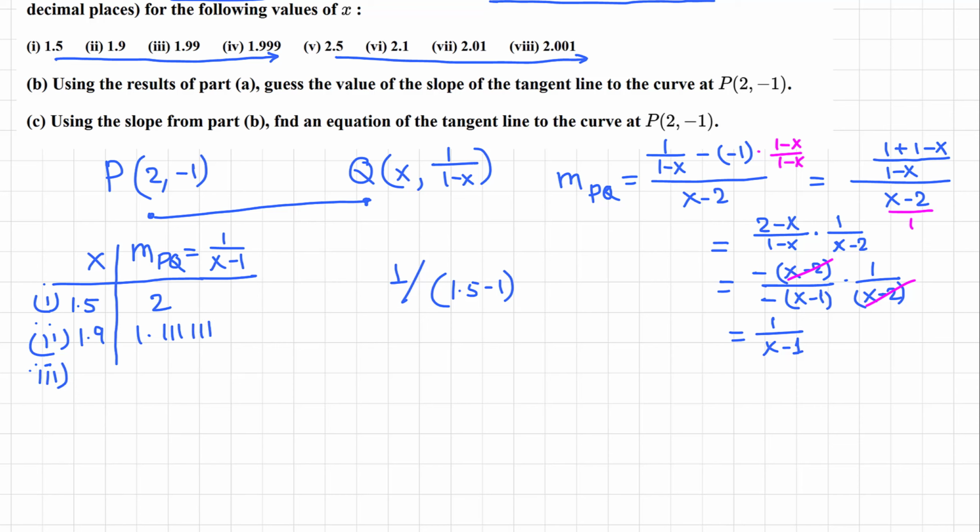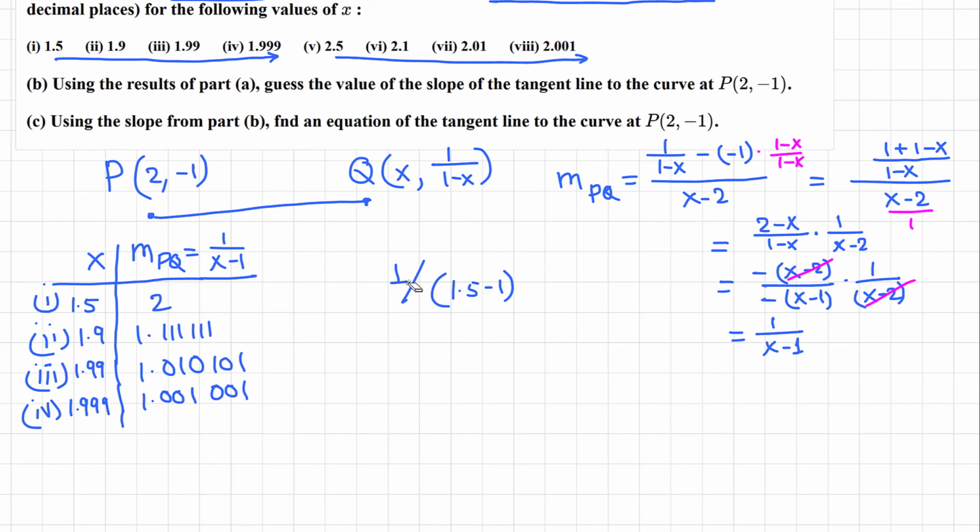In part 3, 1.99, plug in here, 1.010101. And fourth, we have 1.999, very close to 2. That comes out to be 1.001001. From these, we can see these numbers are going towards 1, because 1.00 means just 1.